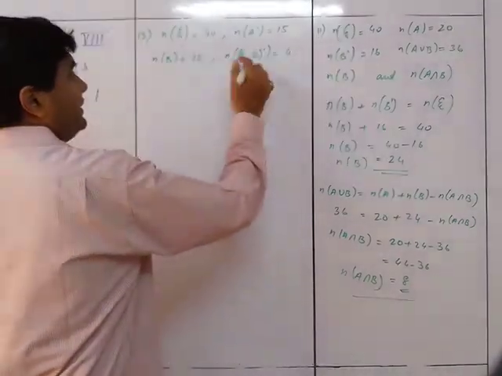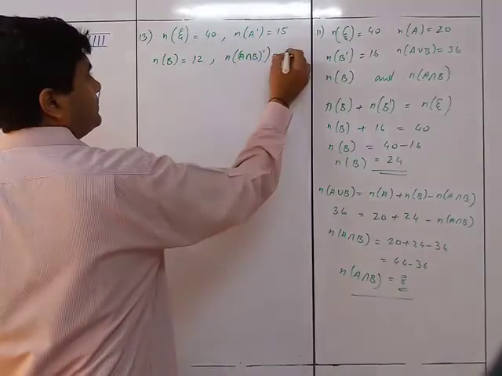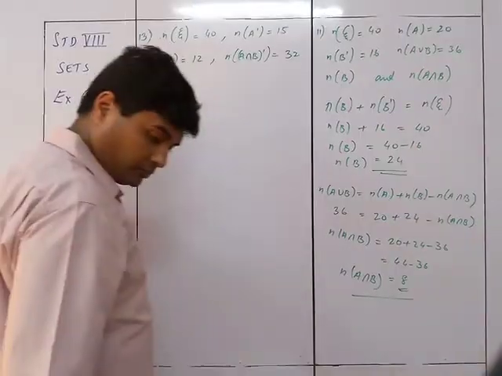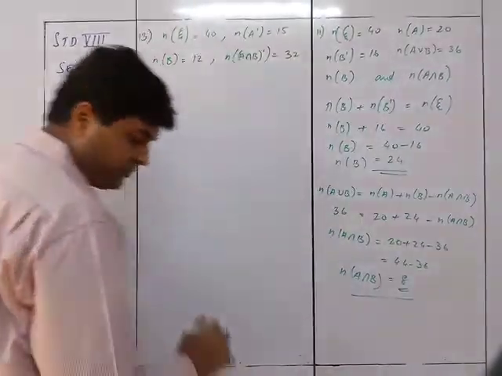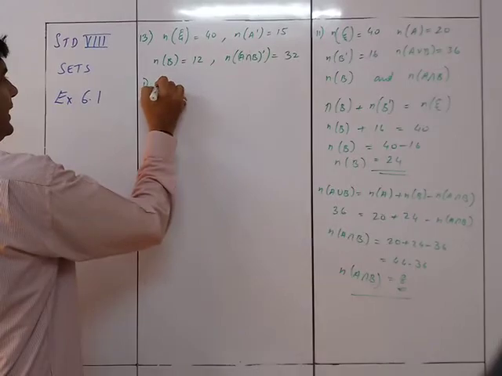Sorry, I mean n(A intersection B) dash is 32. We need to find out the first one, n(A).